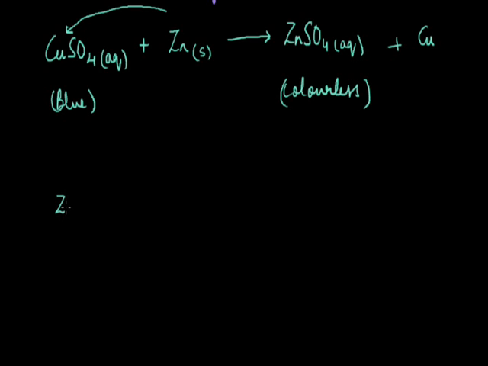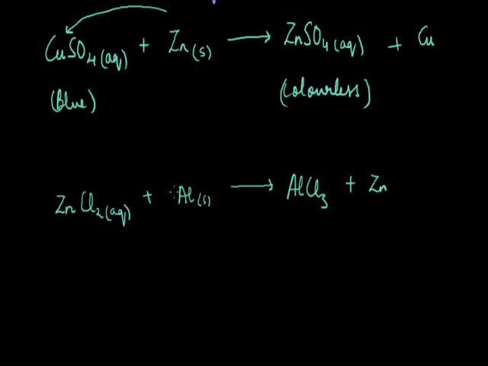Reaction of zinc chloride aqueous solution with aluminium will form AlCl3 and zinc will get separated.